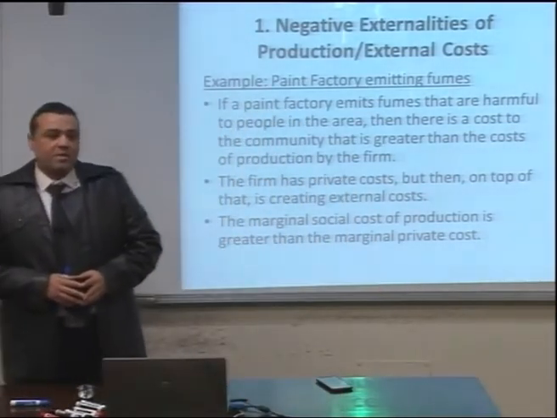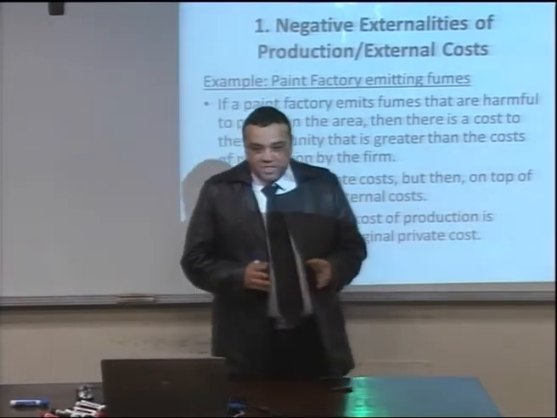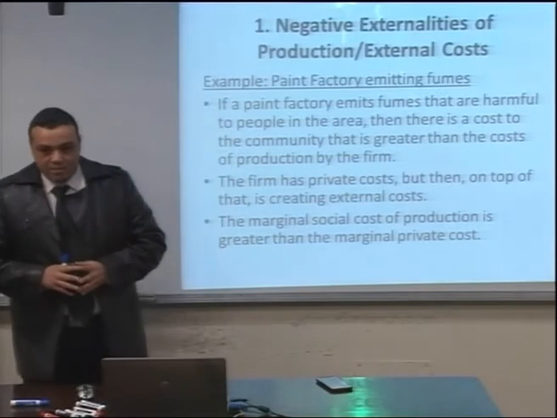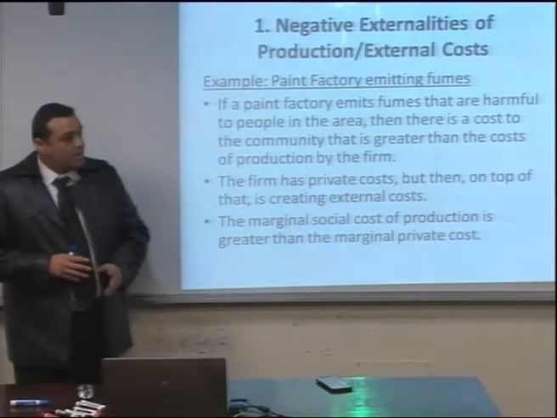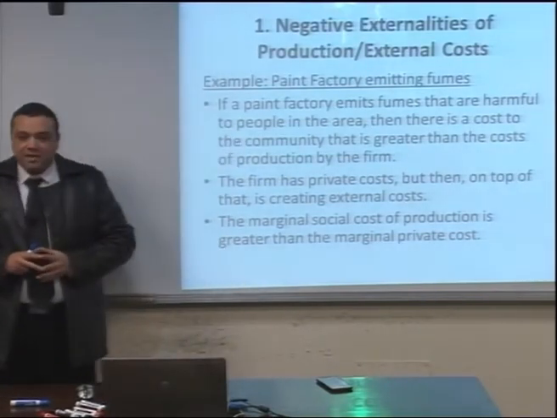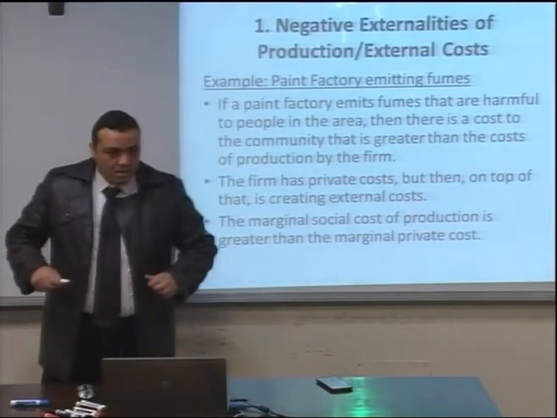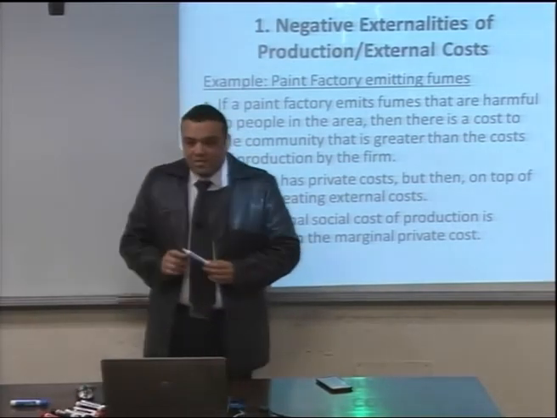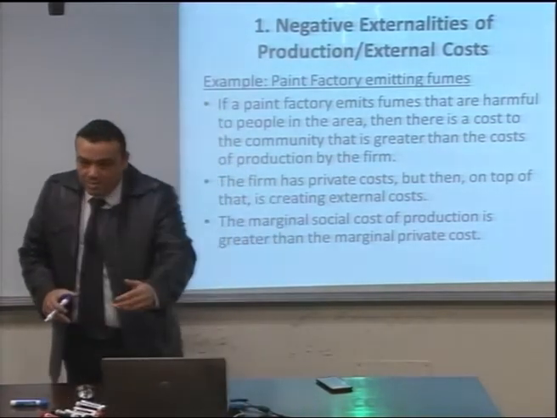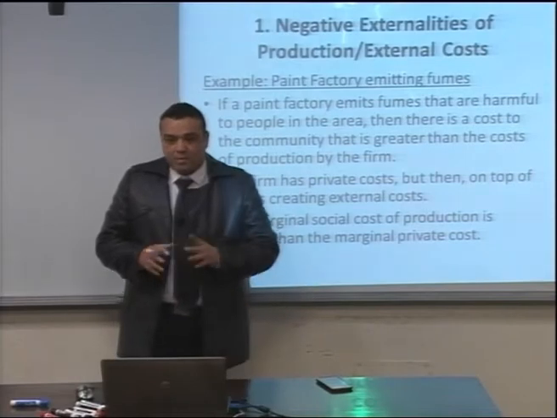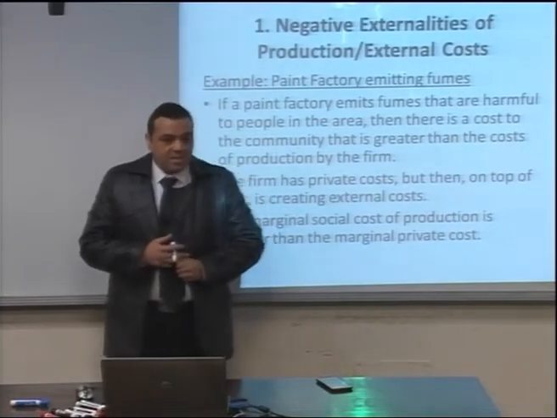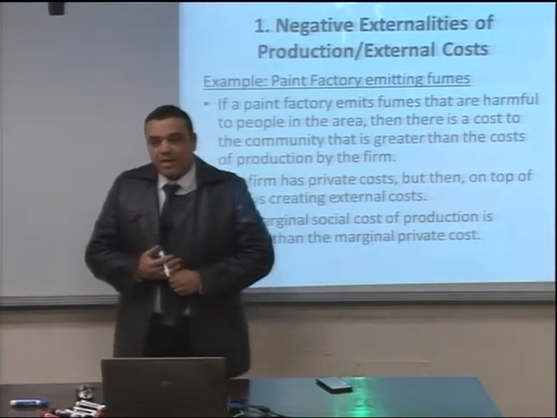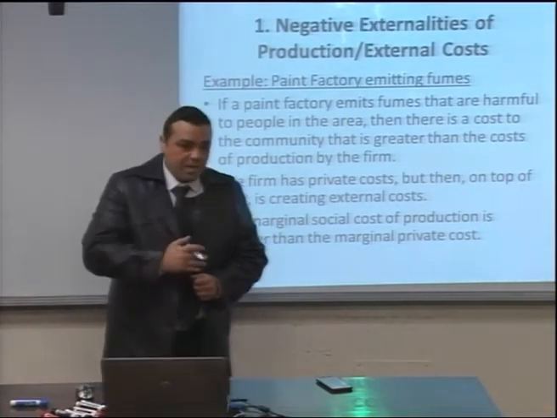As we mentioned before, we have four types of externalities: negative, positive, consumption, and production. Let's go to the negative externalities of production. In the last class, we studied how to determine the deadweight loss or the potential welfare gains when there is an externality, and how we can correct the situation, how we can internalize the externalities.